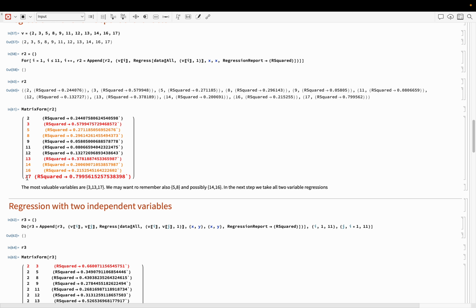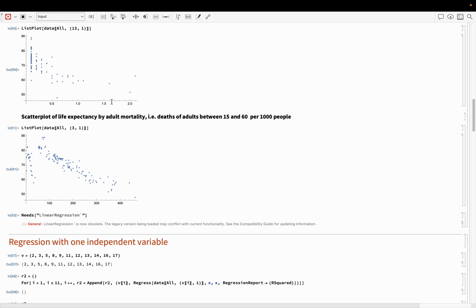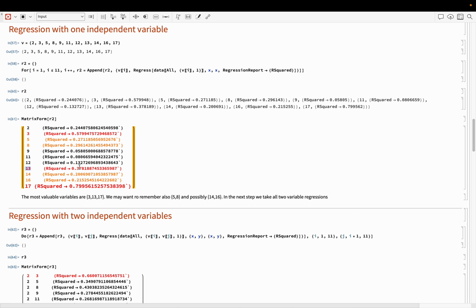You can see that the most valuable variable is variable 17, which is Human Development Index. But there are also other important ones, there is adult mortality, there is this variable 13 that I forgot what it is. And let us check what's variable number 13. HIV related deaths. So this is also quite an important variable.